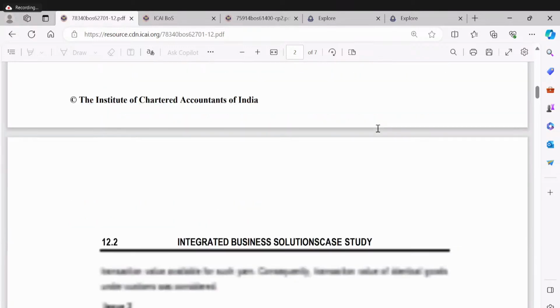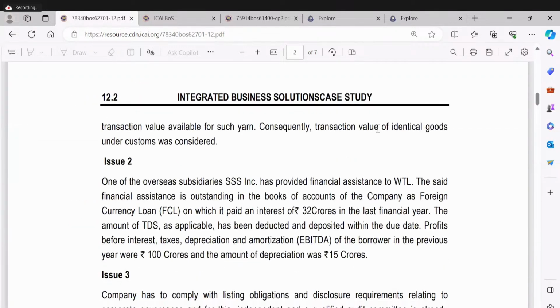Now, there was no transaction value available for such yarn. Just now we had seen that in case of GST, the assessable value is the transaction value, the price paid or payable for a particular transaction. And in case the transaction value cannot be accepted, then we go to rules. And for this particular purpose, purchase of foreign currency, we saw that yes, we have to see the valuation rules because there is a specific valuation rule which is applicable to purchase or sale of foreign currency.